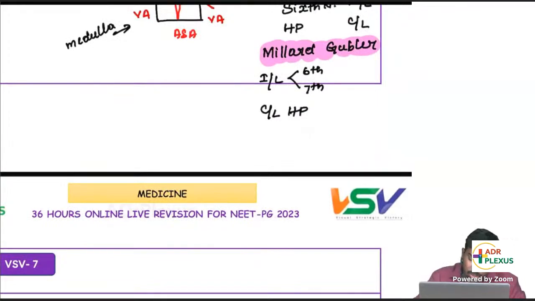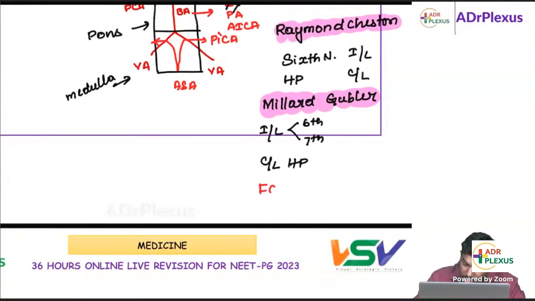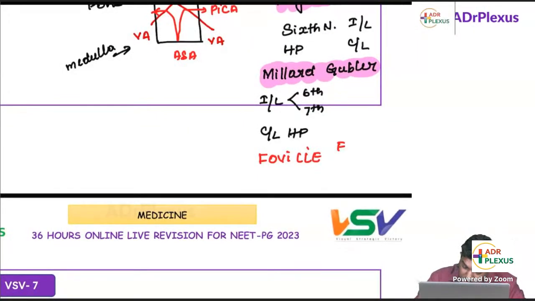Then the next one is going to be Foville syndrome. What is Foville? Foville is facial nerve palsy with, what is this gaze palsy I used to tell you? Horizontal gaze palsy with weakness. Okay, that is called Foville syndrome, right?